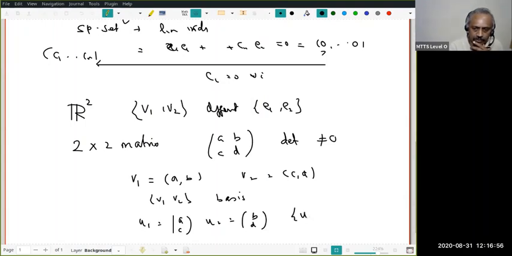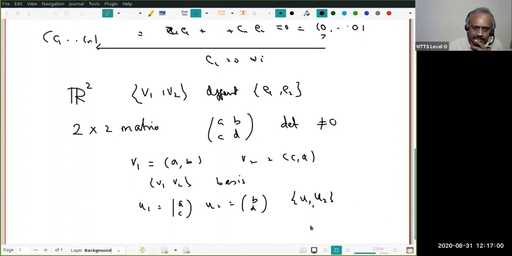Then u1, u2 is a basis. Or if you want, you can also write it like this, a c and b d, as row vectors. If you think of R2 as row vectors, then you can write this column as a row, a c and b d, and this will also be a basis.